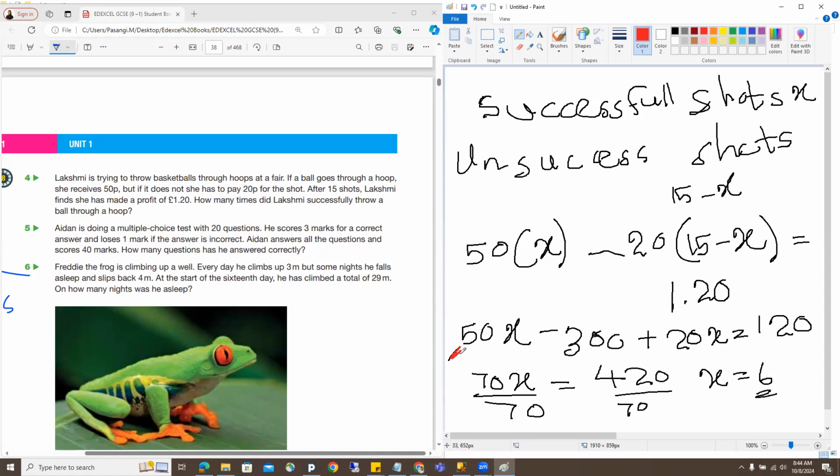Then this one is 50x plus 20x. Actually, I calculated it wrong. You can divide both sides by 70. If you divide both sides by 70, 420 divided by 70, that is x. Wait, miss, I will calculate again. Okay.